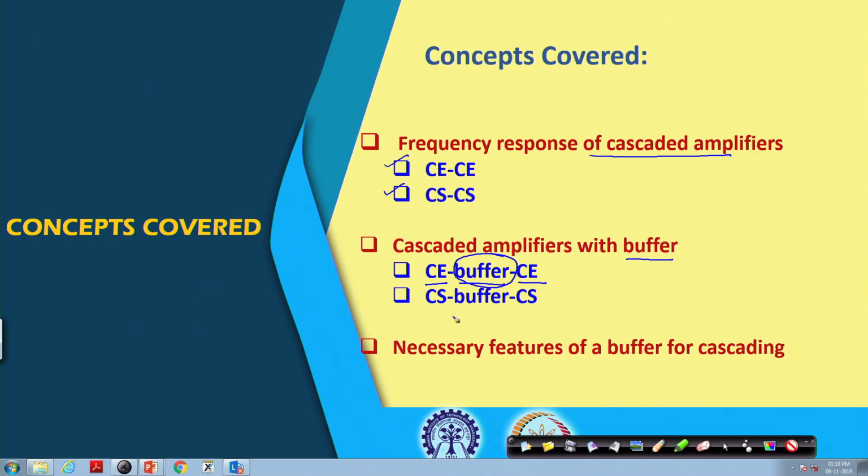Similar thing for the common source amplifier also. Now, when we are talking about buffer, we will see what features are required out of this buffer to achieve a meaningful cascading. So, that also will be highlighted. So, that is the overall plan.